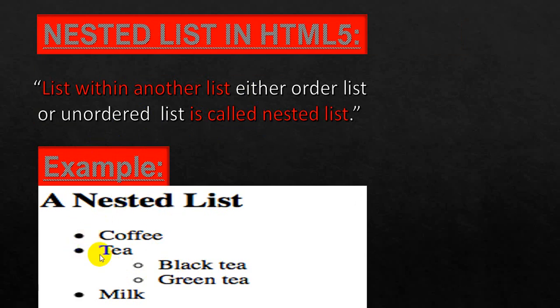Right now you can watch, this is an unordered list, because here we are using a bullet and here we are using a circle. Okay students, now we will create this one. So I think you got a clear picture: what is a nested list? It means a list within a list, where we have more than one list. Now we will create this by using our programming language, HTML5.